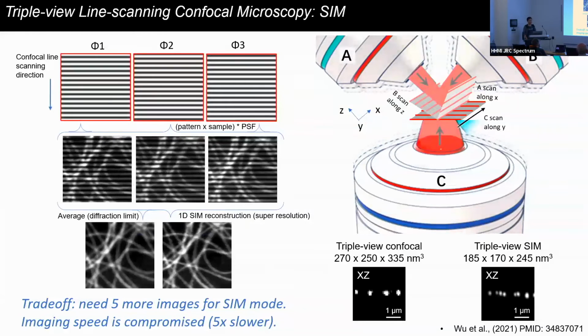So another feature of this line confocal design is that we can actually do structured illumination or super resolution on this confocal base. If you look at these patterns here, they were actually not generated by SLM.